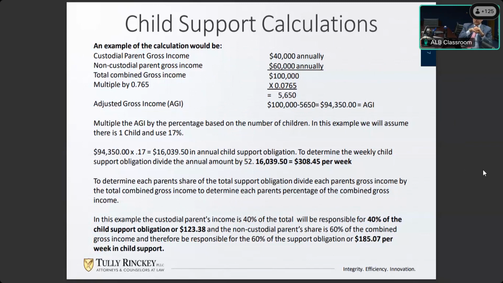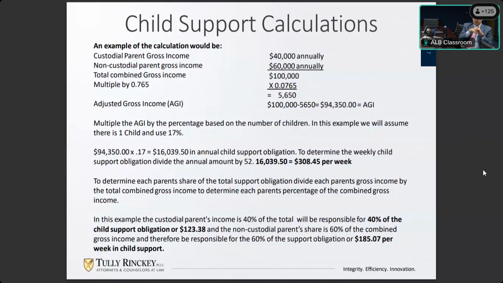All right. So then, it's 16,039, and then the weekly support obligation, we have it right there, is $308 a week. Okay, so now we're at $308 a week, basic child support obligation. We're looking at both parents here.